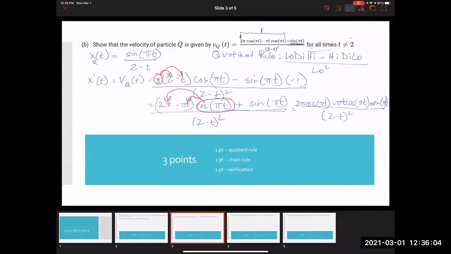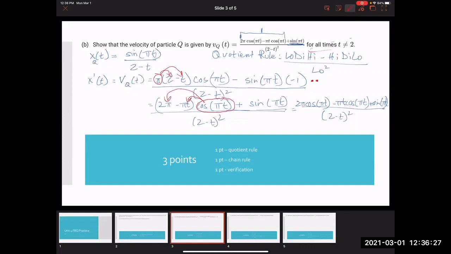And again, you're getting 2 points, one for quotient rule, one for chain rule. So essentially you're getting 2 points right here, all in one step. Because in order to do the quotient rule correctly, you have to inherently do the chain rule as part of that when you're taking the derivative of the low function or the high function, excuse me.